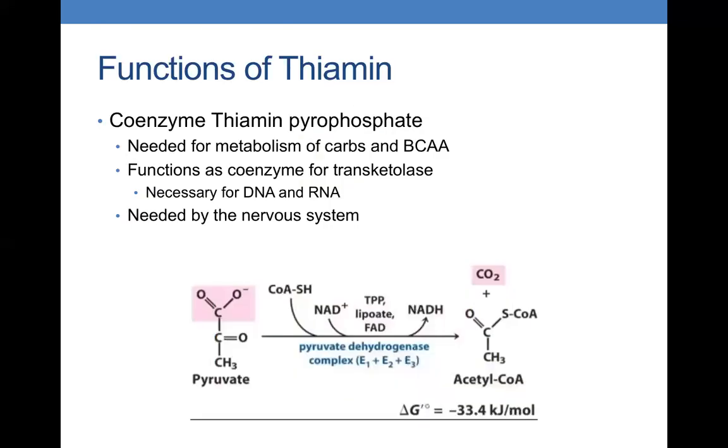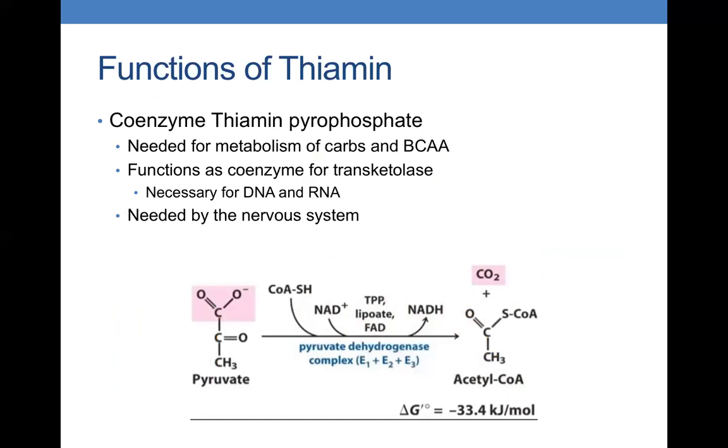Functions of thiamine. So thiamine forms this very important enzyme, thiamine pyrophosphate, or TPP, and this is needed for the metabolism of carbs and BCAAs, which hopefully you remember are the branched chain amino acids. It also functions as a coenzyme that's needed for DNA and RNA synthesis, and it's needed by the nervous system.